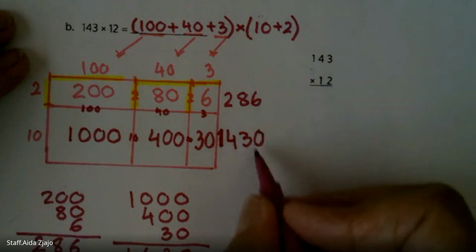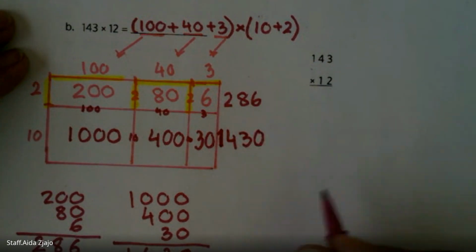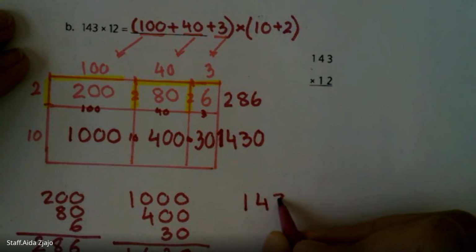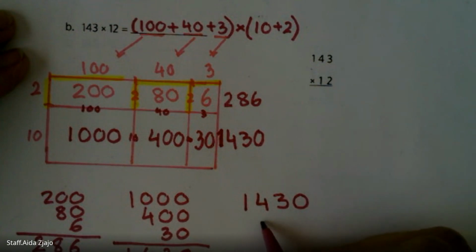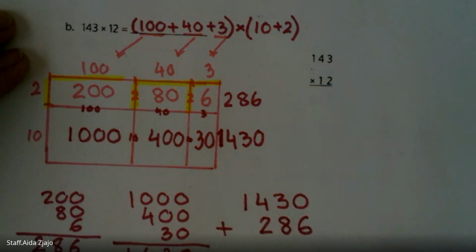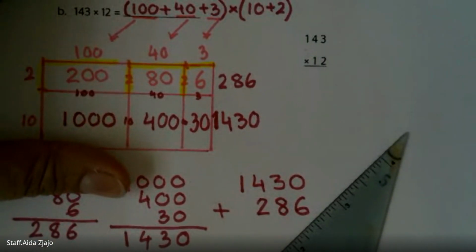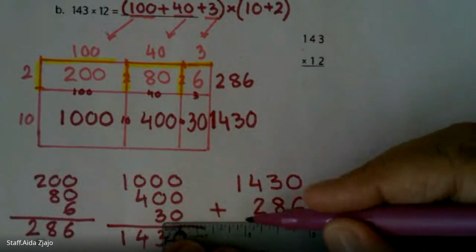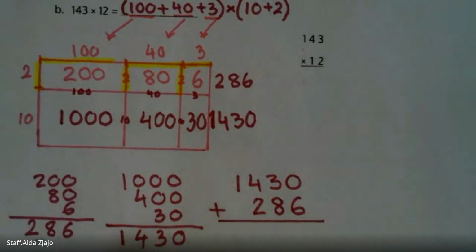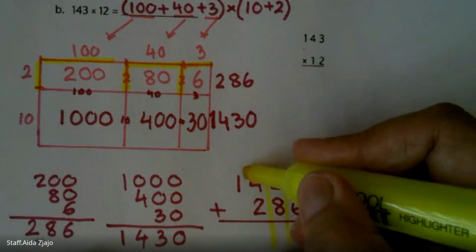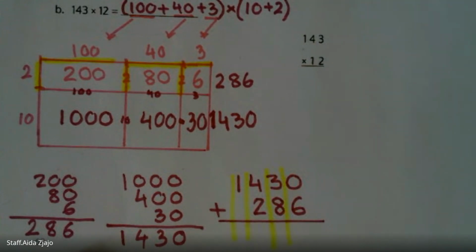And then let's see how this can be connected. Now, if I add these two together, they will give me the correct answer: 1,430 plus 286. I can add by ones, tens, hundreds, and thousands.